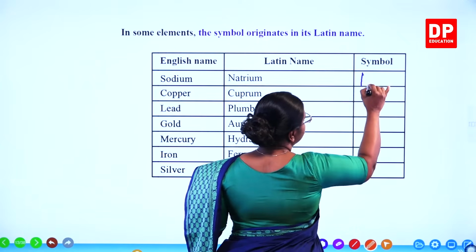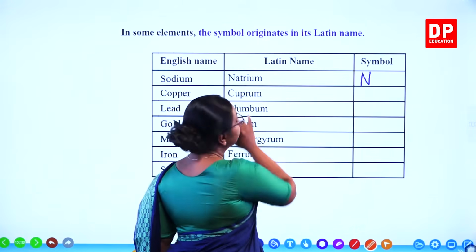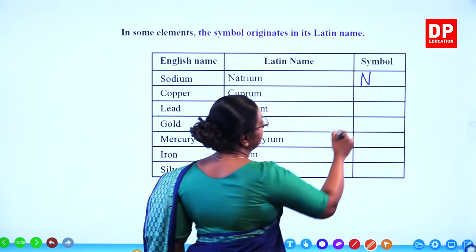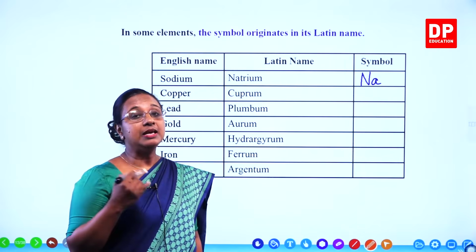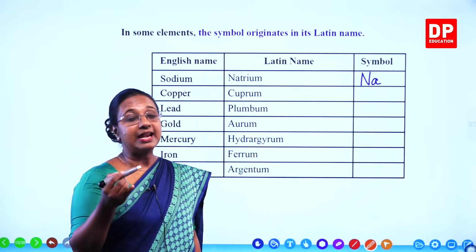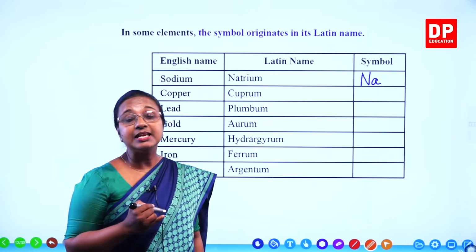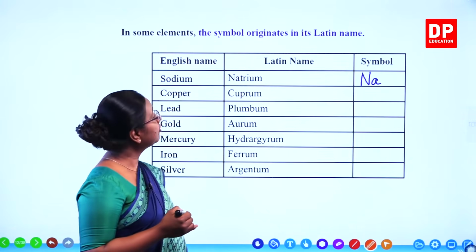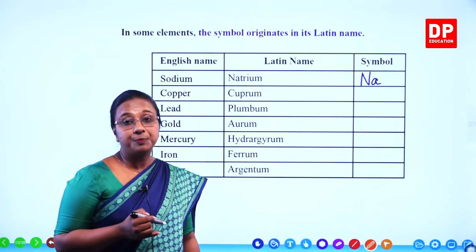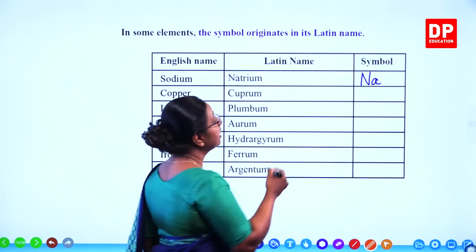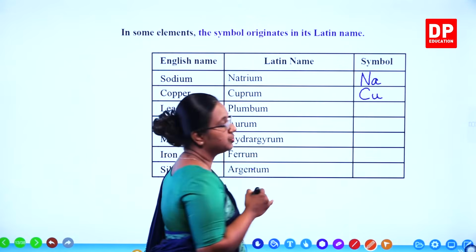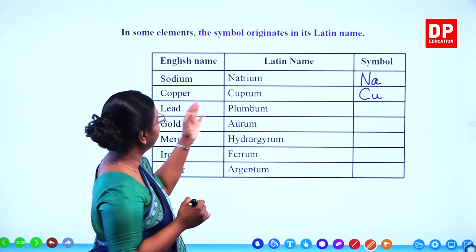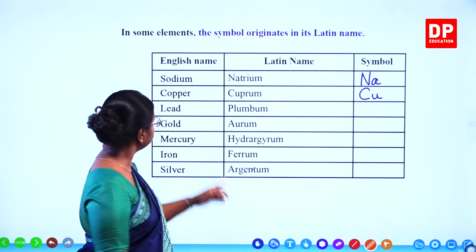It has to be capital N. And then we use the second letter A, natrium. So, sodium is natrium in Latin and given the symbol Na. Then we have copper. As I told you, cuprum. So, Cu. First letter C and the second letter U. Cu is the symbol for copper because it's cuprum.